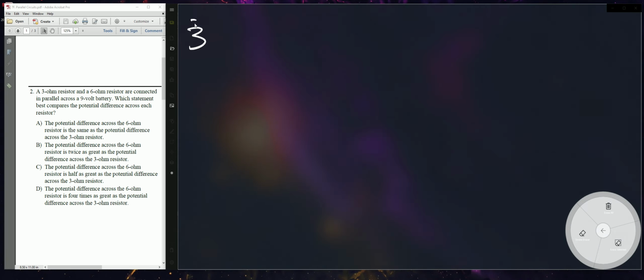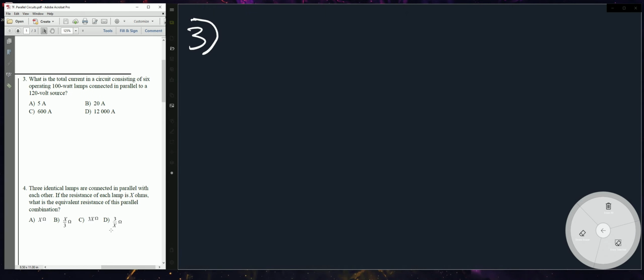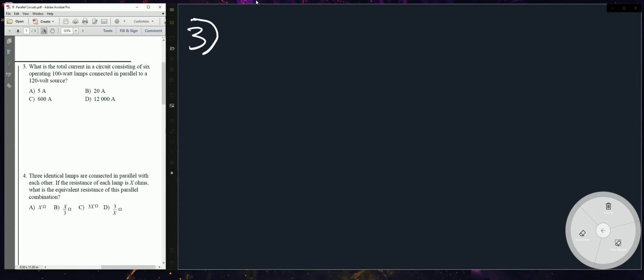Number 3. What is the total current running through a circuit consisting of 6 operating 100-watt lamps connected in parallel to a 120-volt source? This actually isn't a parallel question, but whatever.